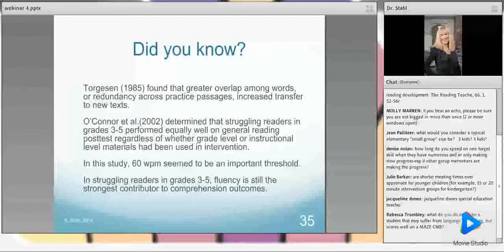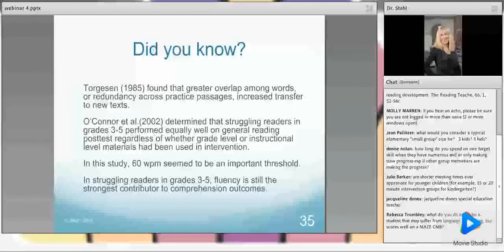O'Connor also determined that struggling readers in grades 3 through 5 performed equally well on general reading post-tests regardless of whether the interventionist in Tier 2 or Tier 3 used grade level materials or materials at the kid's instructional level.